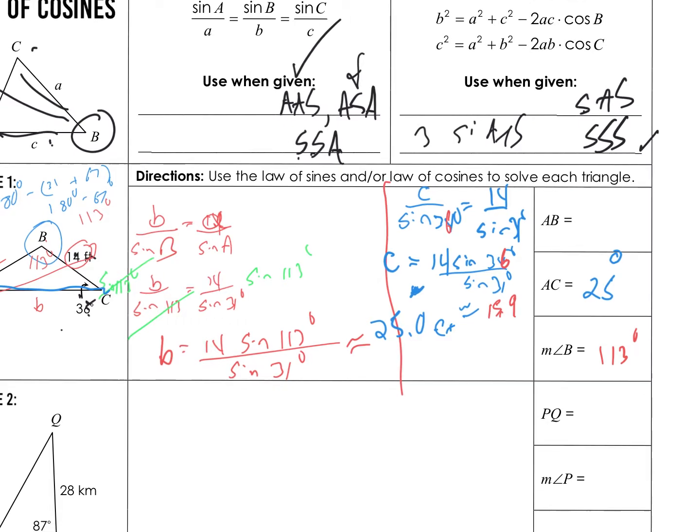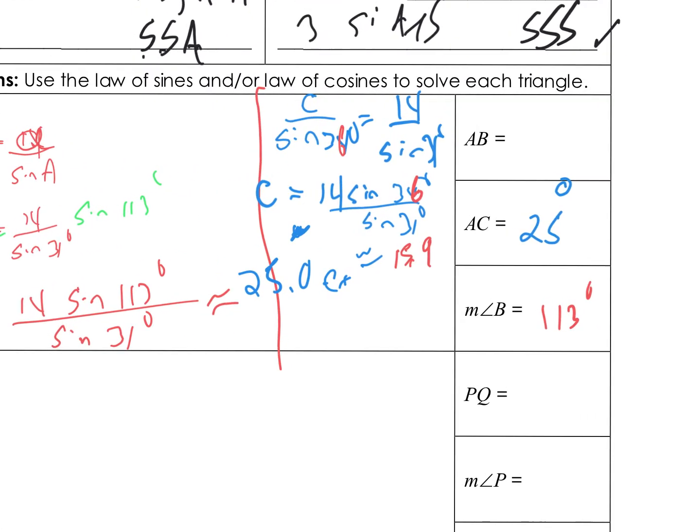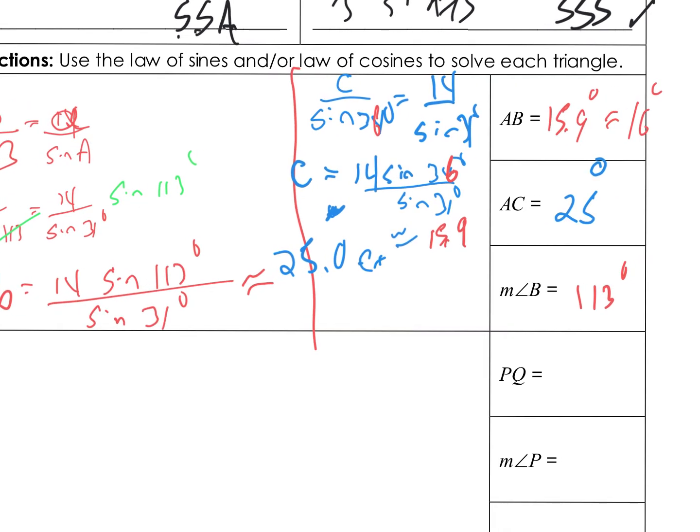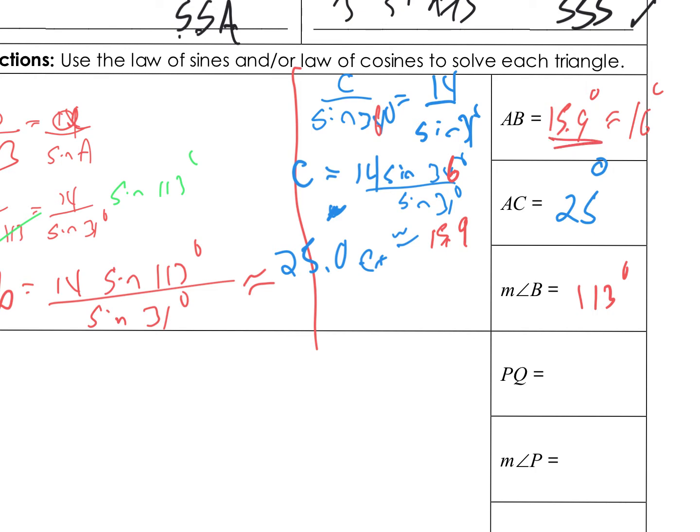They didn't tell me to use any decimals, did they? It's possible they wrote 16. It's possible. I don't like it. At least you should have some precision. But that's the answer I would take.